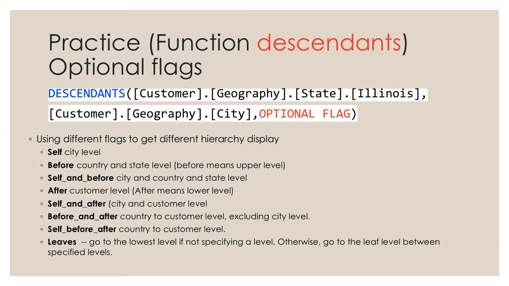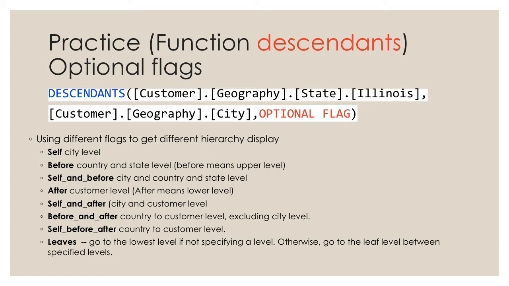Before, we had descendants, some element, and a level, but now we can add a third argument to that function. Think of it as a regular Python function, so it can have three arguments, and the last argument can be one of those. The default is self.